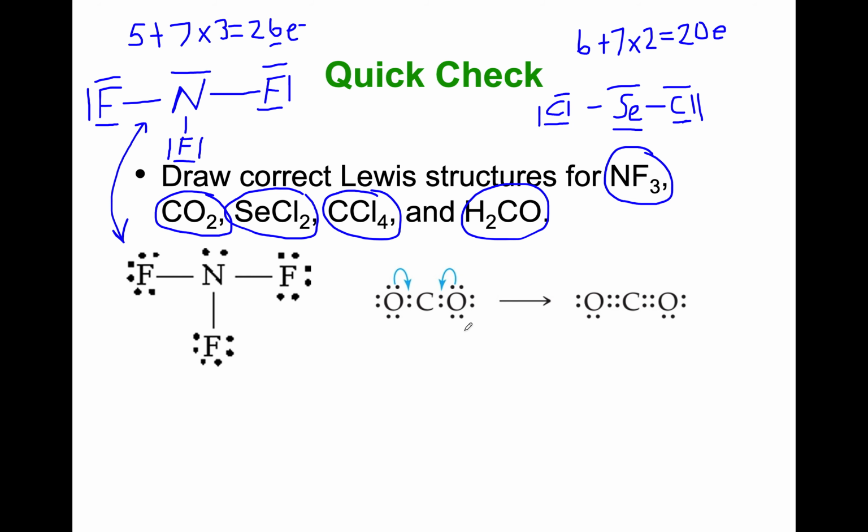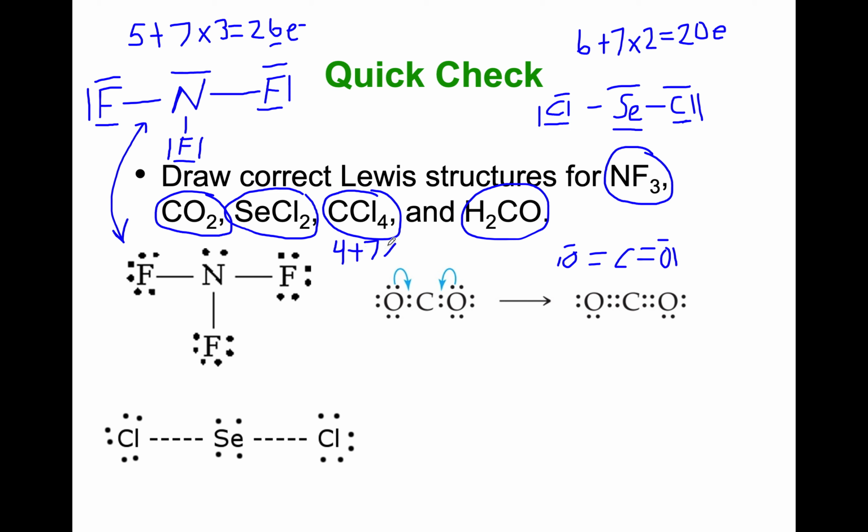Okay. Carbon dioxide, I showed earlier how we had single bonds, and that meant carbon didn't have an octet, so we had to fold those electrons in. So that's the Lewis structure, a double bond to each oxygen, and then lone pairs here. Drew the structure for this one, carbon tetrachloride. That's 4 valence electrons for carbon, and 7 for each chlorine.